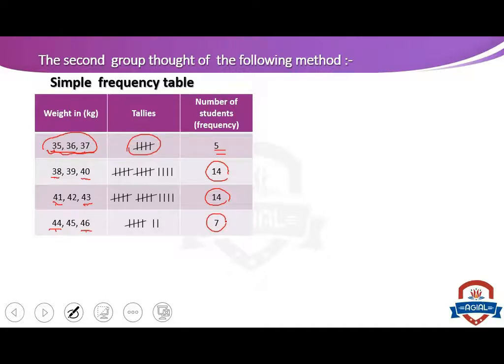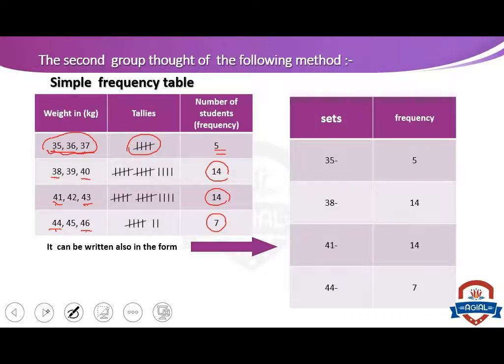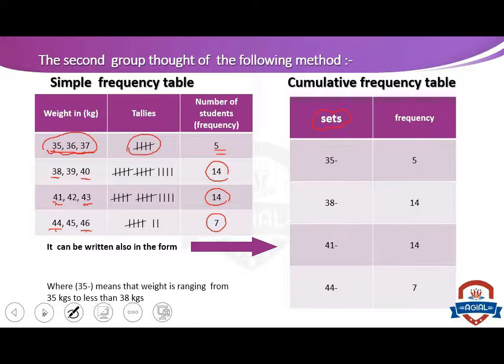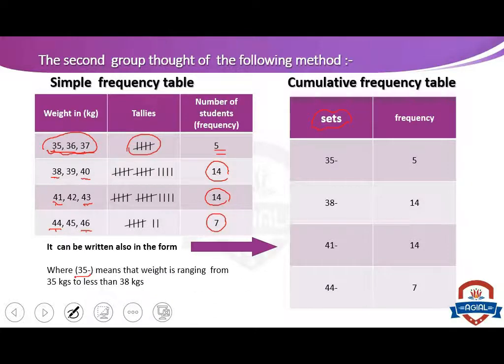So this is called the simple frequency table, and it can also be written in the form of this table. This table is called the cumulative frequency table. We notice that in this table we use something called sets. We use sets where 35 means that the weight ranges from 35 kilograms to less than 38 kilograms, because the second set starts from 38.